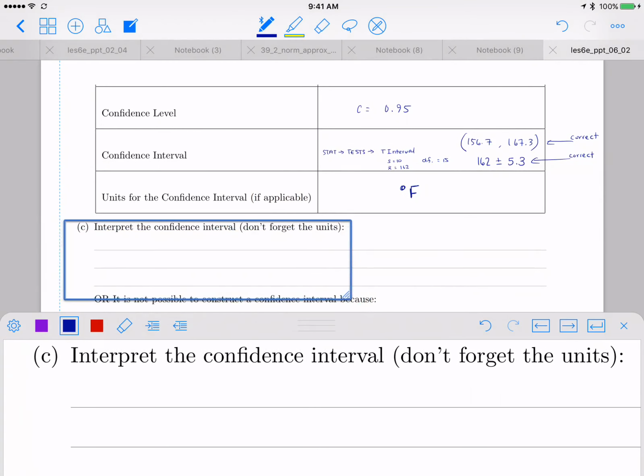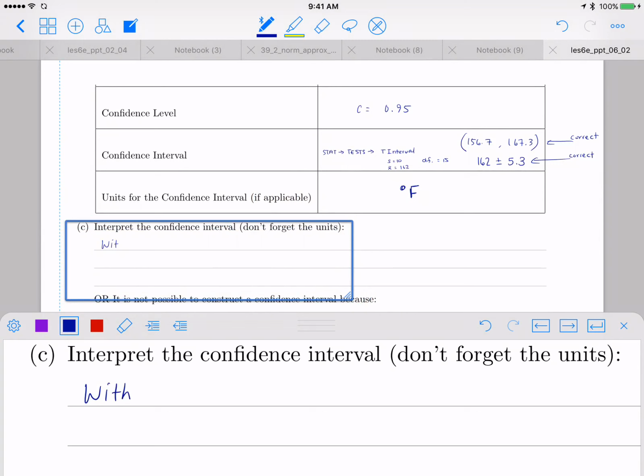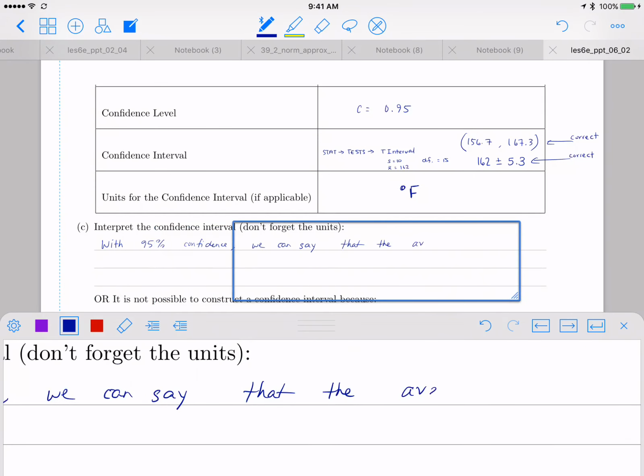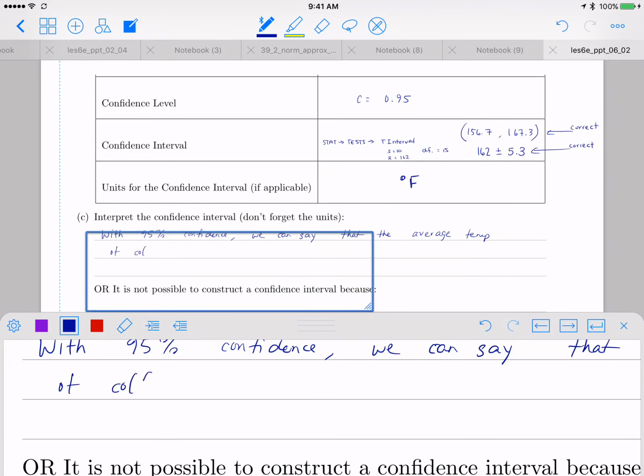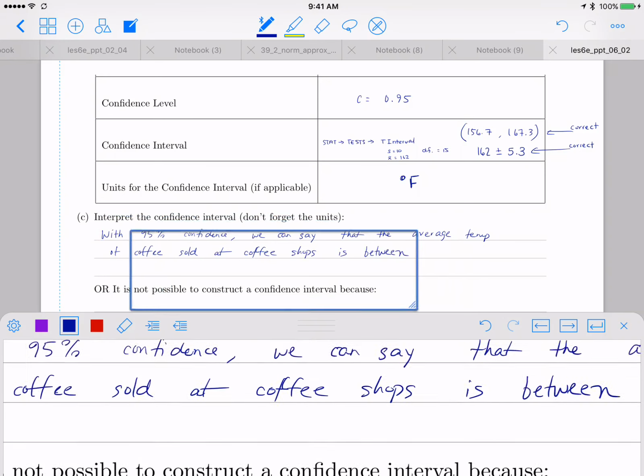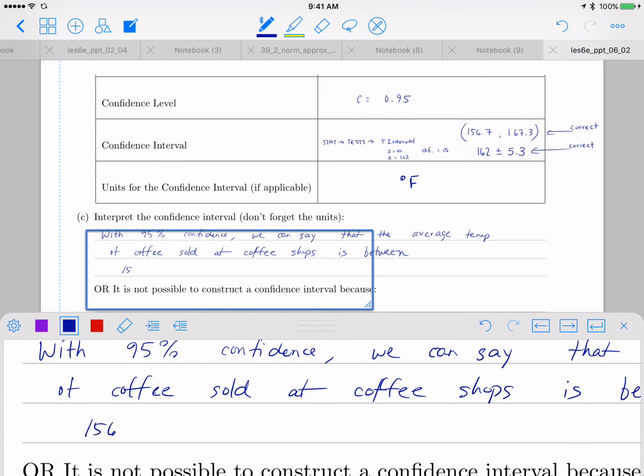So we say with 95% confidence, we can say that the mean or the average temperature of coffee sold at coffee shops is between 156.7 degrees Fahrenheit and 167.3 degrees Fahrenheit.